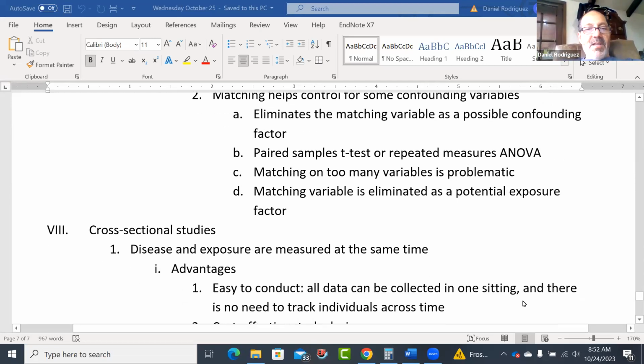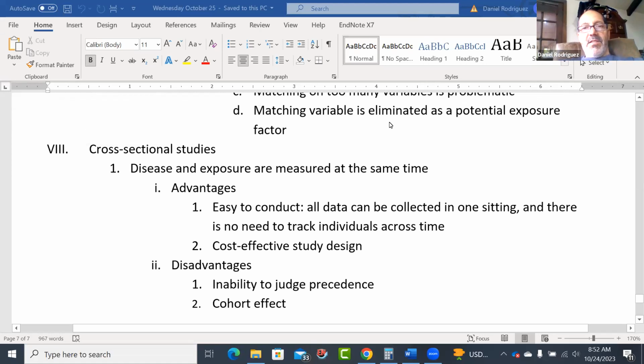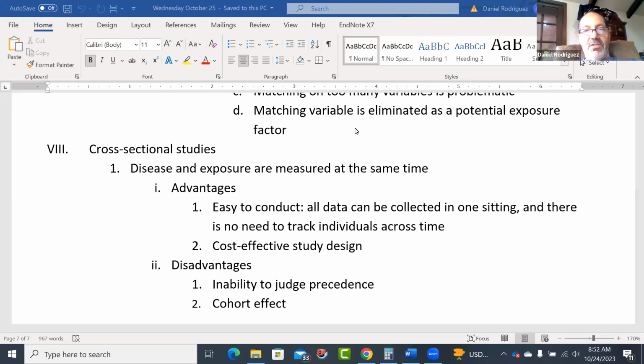It's pretty cool. Oh, by the way, the way we would calculate the odds ratio would be different if we use matching, just to let you know that. It's not the same as what we're doing here in this case.